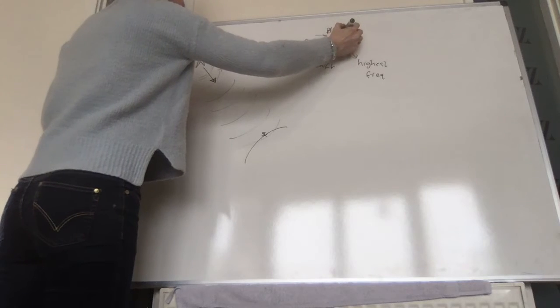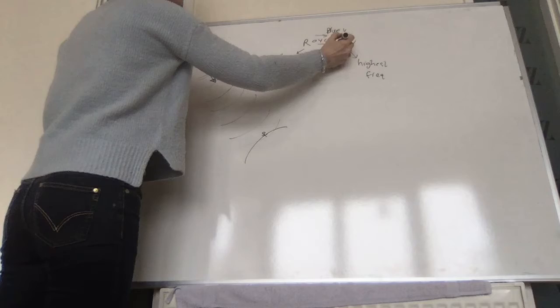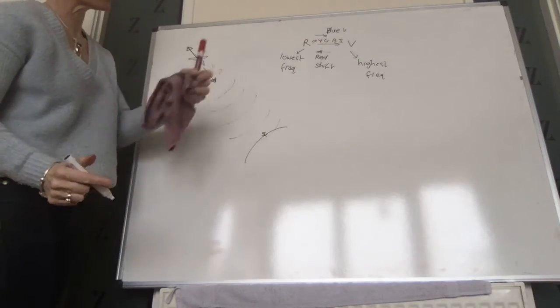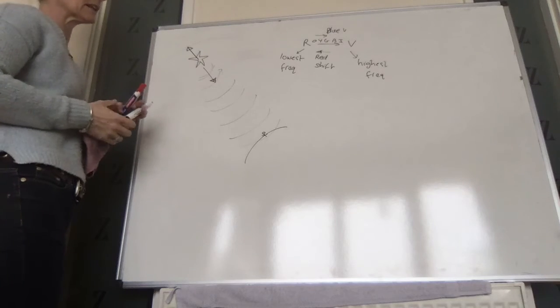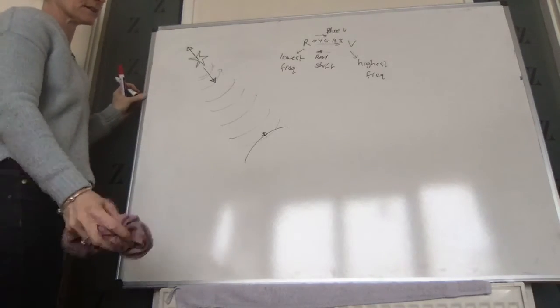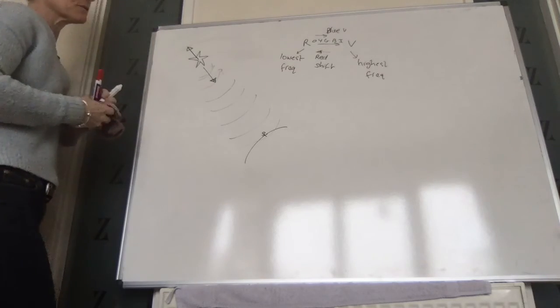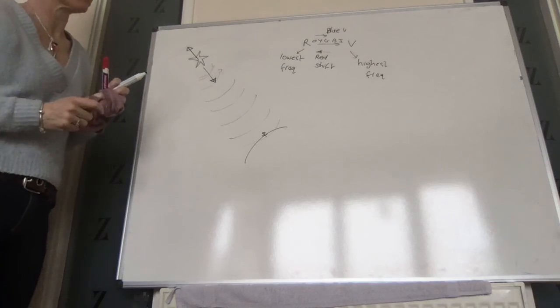Don't know why they don't call it a violet shift. But remember, it's red, orange, yellow, green, blue, indigo, violet. So it's shifted towards the blue. And again, from that information, with calculations, you can detect the speed at which stars are moving away from us, and so on. I'll do a separate video now to do some examples on the Doppler effect questions.